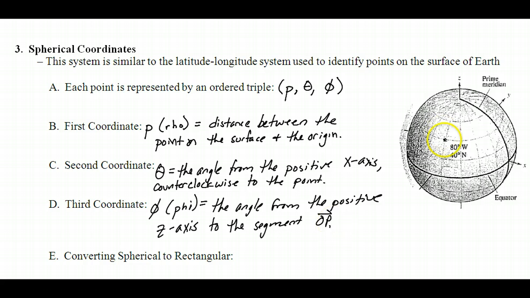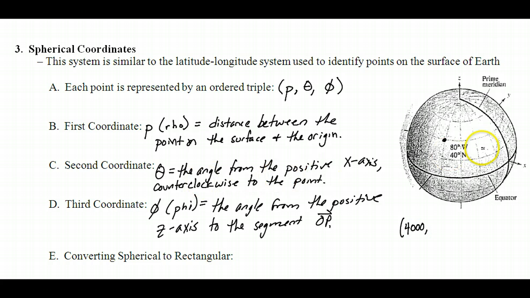So if we look at this specific point that we have here, obviously this is going to be Earth, and we consider Earth in general to have a radius of 4,000 miles. In order to write this coordinate as a spherical coordinate, remember that rho is the distance between the point on the surface and the origin. So any surface on Earth will give us 4,000.